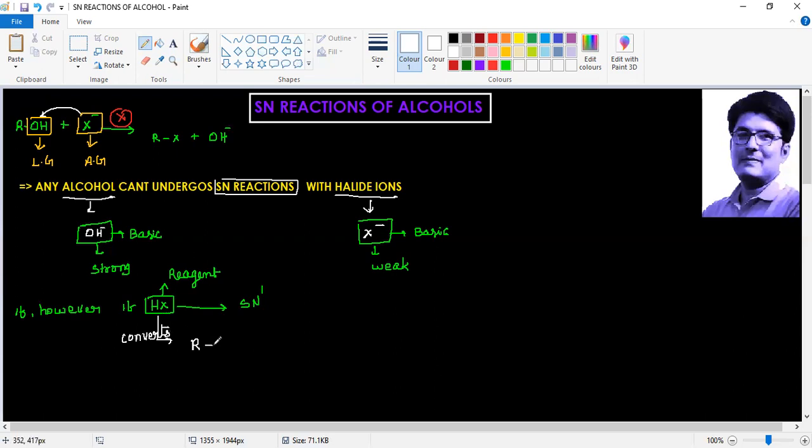How does the hydrogen halide convert the ROH group, the alcohol? HX is like H plus and X minus. Whenever there is the reagent hydrogen halide, ROH is the substrate. ROH first is protonated, one more hydrogen attacks the oxygen, so that oxygen contains a positive charge, and X minus can leave out.